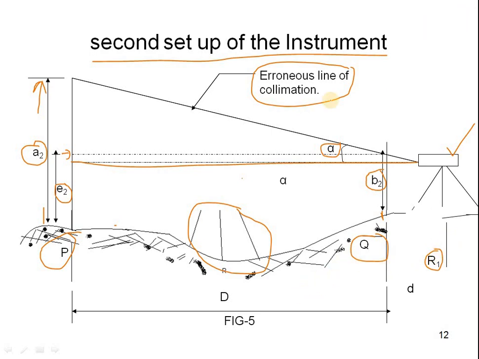So this is the second setup of the instrument, kept on the P side or Q side, and this is termed capital D, the distance between the two points. This is termed small d, the distance of the instrument from here.